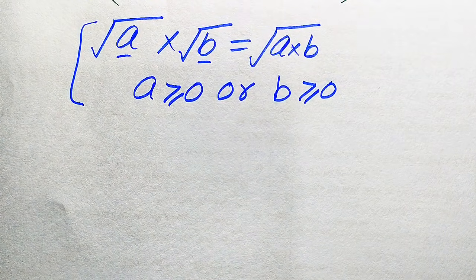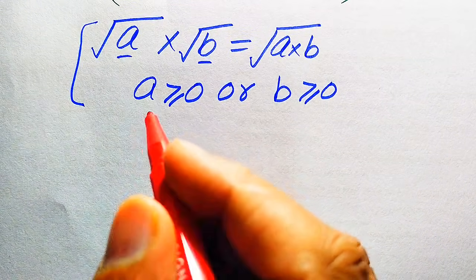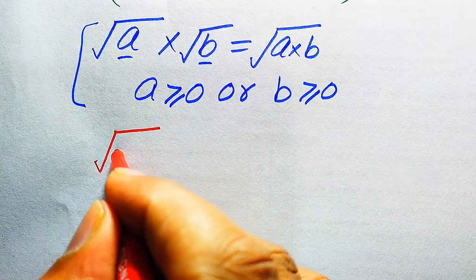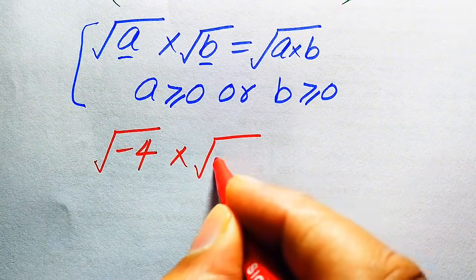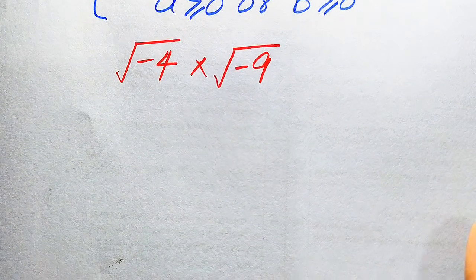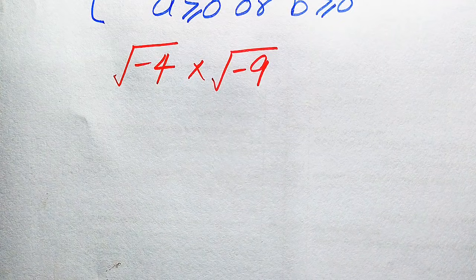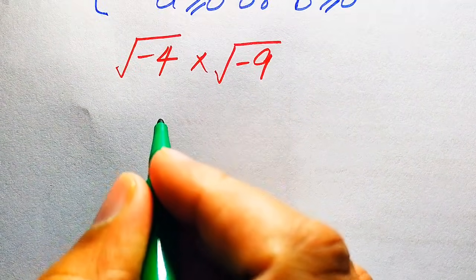For this we first copy down the given question statement, which is square root of minus 4 multiplied by square root of minus 9. First we discuss square root of minus 4.